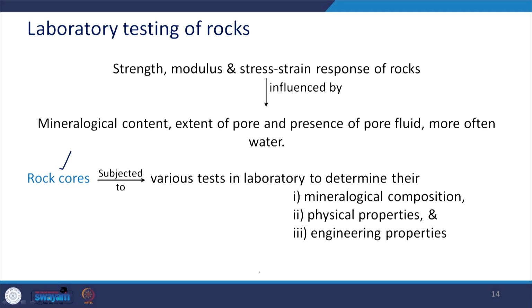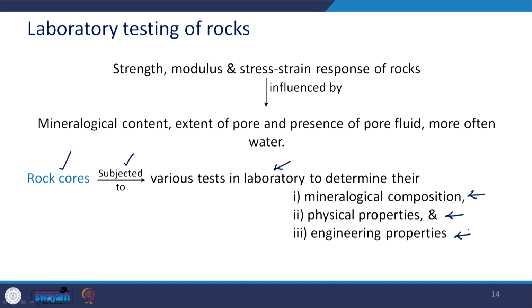For this we take samples from the field, bring them to the lab, and then carry out various tests. Basically, we get rock cores from the field, and these are subjected to various tests in the lab in order to determine their mineralogical composition, physical properties and engineering properties.